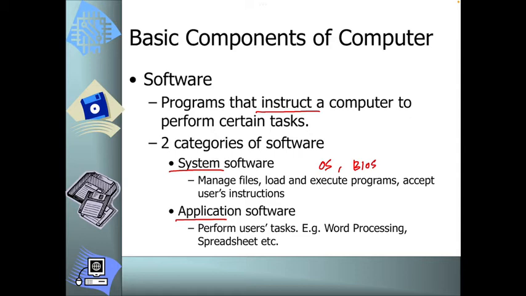For example, we have word processing, spreadsheet or Excel, and so on. Application software also means any application that we use. I think this is the explanation of system software and application software.